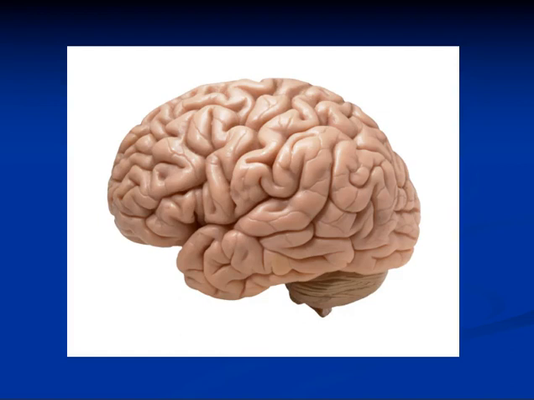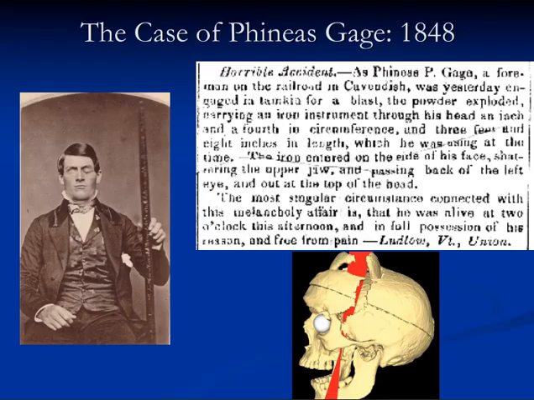Before we get going in detail into these different areas of the cortex, however, I'm going to tell you a little bit about the case of Phineas Gage. Phineas Gage was a foreman on the railroad, and he was doing something one day involving explosives. The railroad can't go over dramatic bumps.